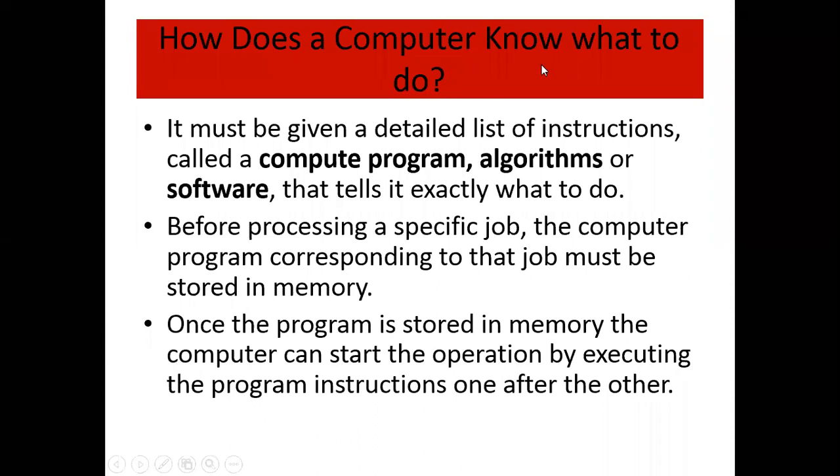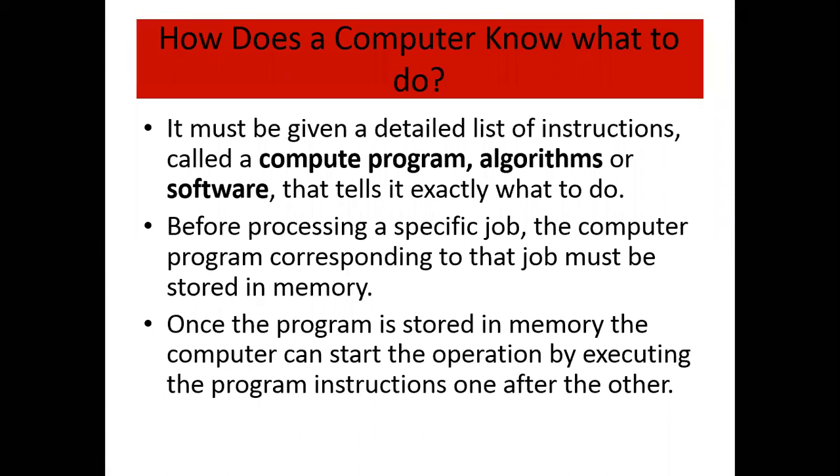Similarly, how does a computer know what to do? It must be given a detailed list of instructions called a computer program or algorithms, or we call it software, that tells it exactly what to do. Before processing a specific job, the computer program corresponding to that job must be stored in memory. We have different memory, primary memory and secondary storage as well, so we will discuss it later on.